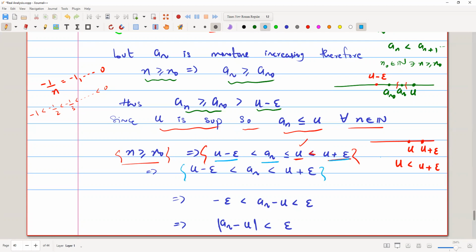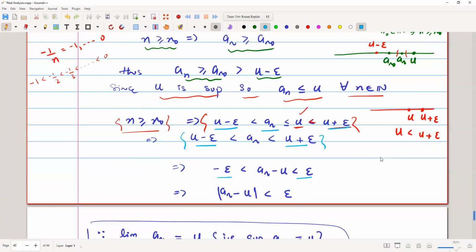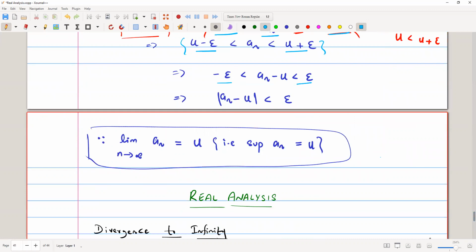So a n is bounded between u minus epsilon and u plus epsilon, which means that a n minus u is bounded between negative and positive epsilon. Then by the rule of inequality, I can use the modulus and write that the absolute value of a n minus u is less than epsilon, which is the definition that the limit as n tends to infinity of a n equals u, the supremum of the sequence, right?